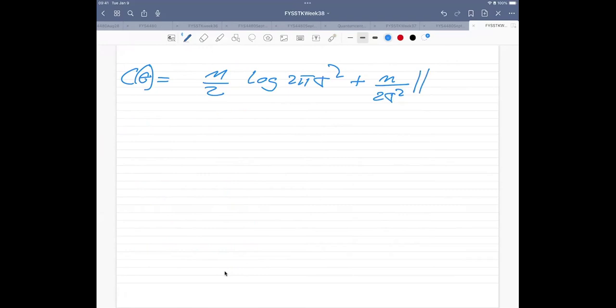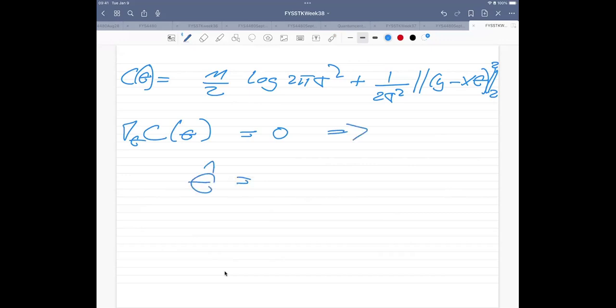And then it's simply, let me just leave out the n here, of 1, and then I have y minus x theta, and this is the norm 2 squared. And when I take the derivative of this quantity d theta equal to 0, that is going to give me theta equal to x transpose times x inverse times x transpose times y.